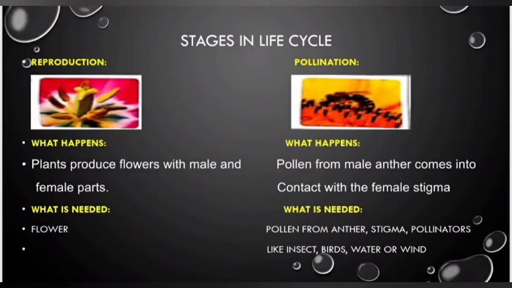What is needed during pollination? Pollen from the anther, stigma, pollinators like insects, birds, water, or wind. So remember these two stages in the life cycle, reproduction and pollination.